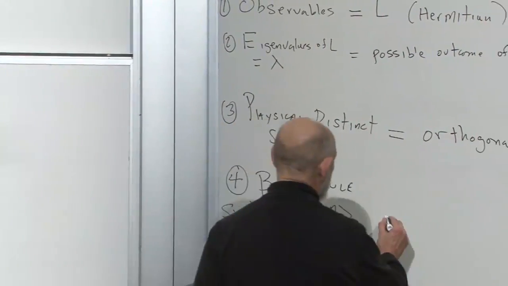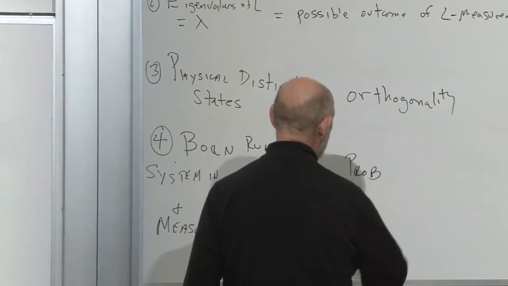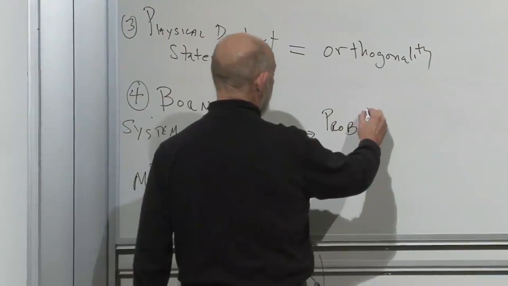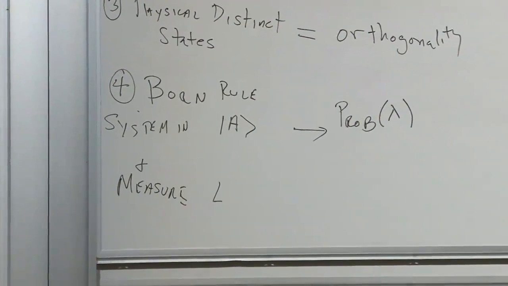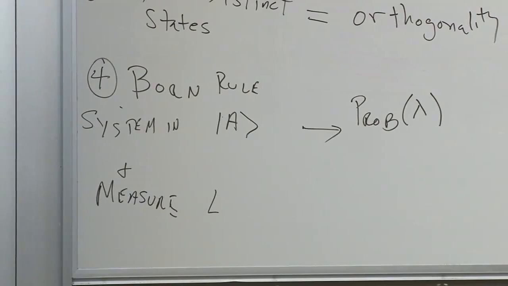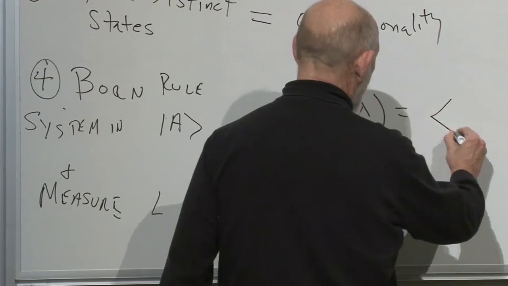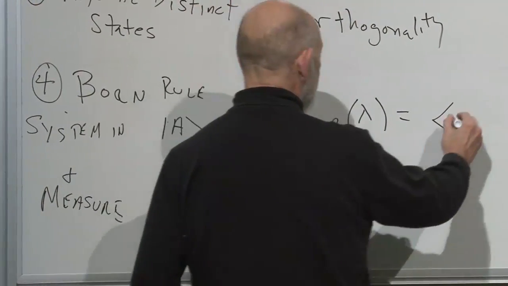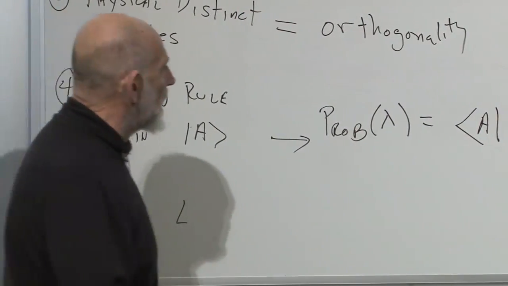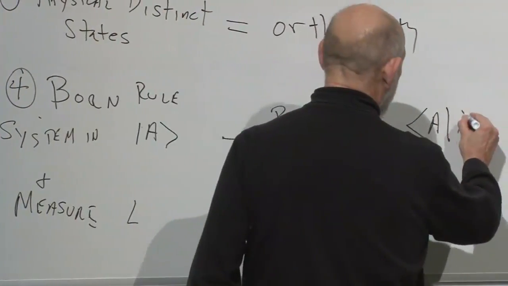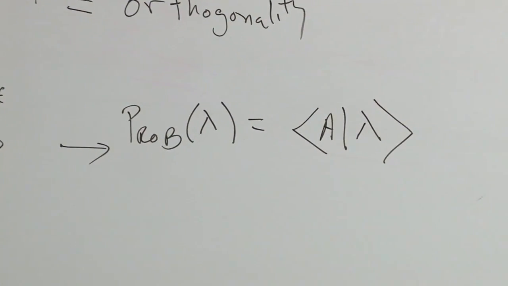The answer is the probability that you get result lambda, out of the various eigenvalues, is equal to the square of the inner product of the state vector that the system was in with the normalized eigenvector corresponding to lambda. All vectors are normalized now.